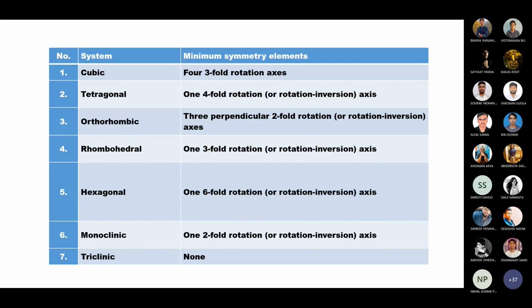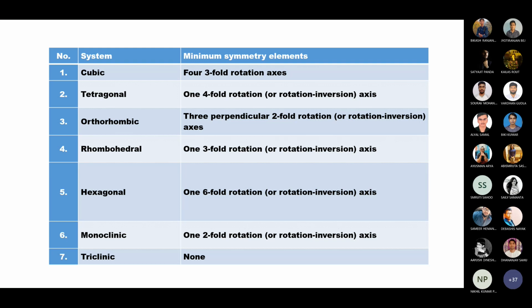Now we are going to understand the different symmetry elements associated with different crystal systems. If you look at the cubic crystal system, a threefold rotation axis is there.